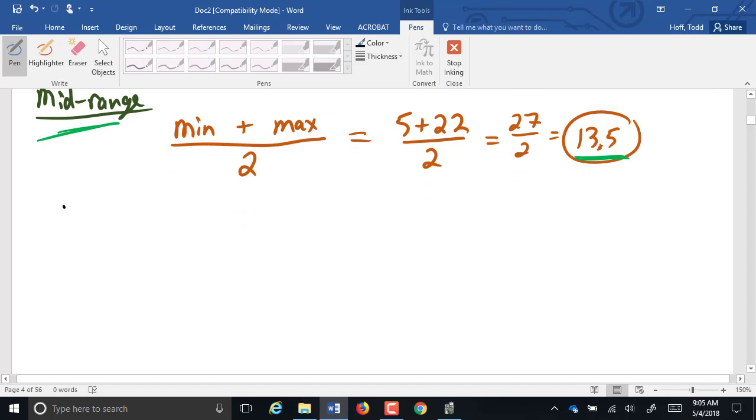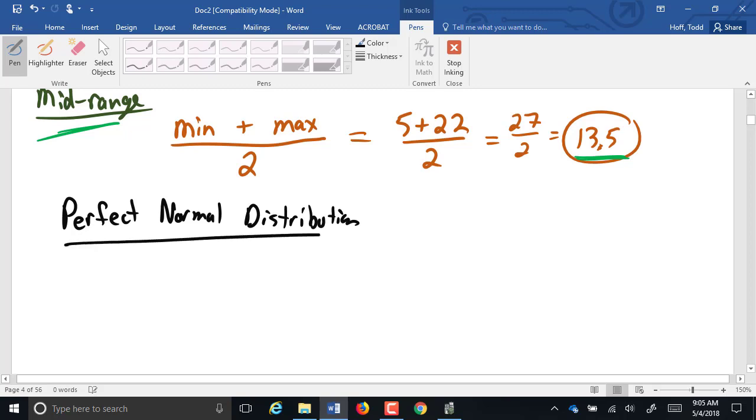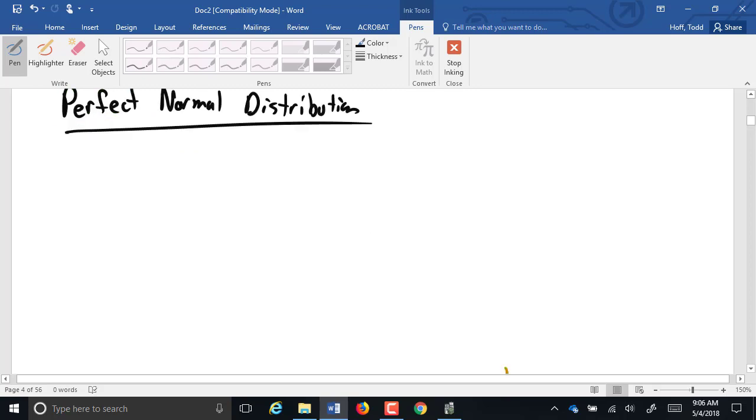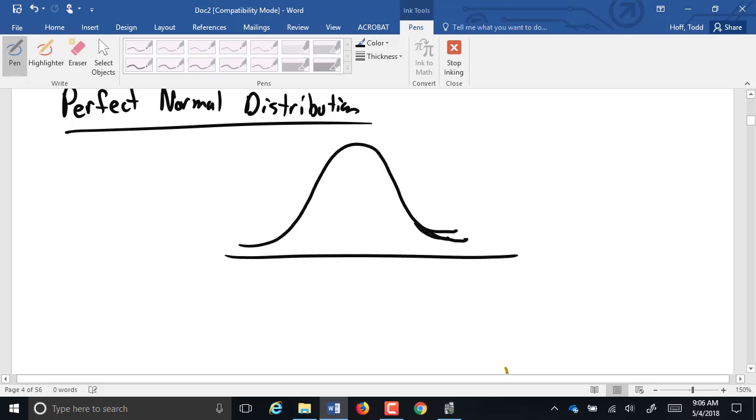Now, in a perfect normal distribution, these 3 numbers, we're going to ignore the mid-range for now. Pretend that's symmetrical. Let me try that again. That's a little bit closer to symmetrical at least. In a perfect normal distribution, it should be perfectly symmetrical.